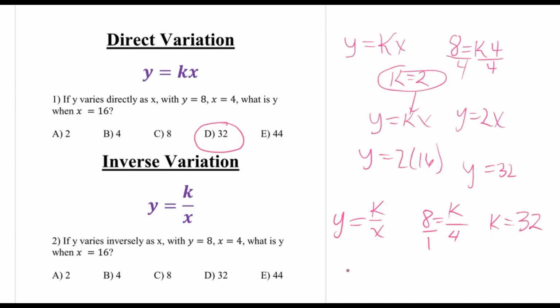Now we just rewrite the equation again, filling in our k. And it says, what is y when x equals 16? y equals 32 over 16. y equals 2. Answer choice A.